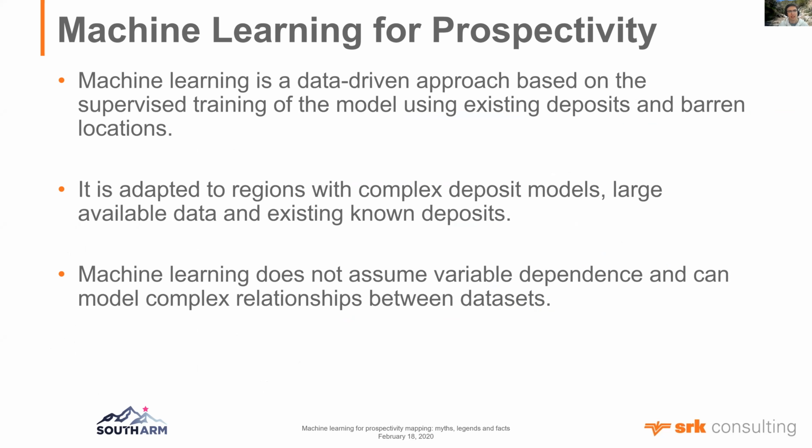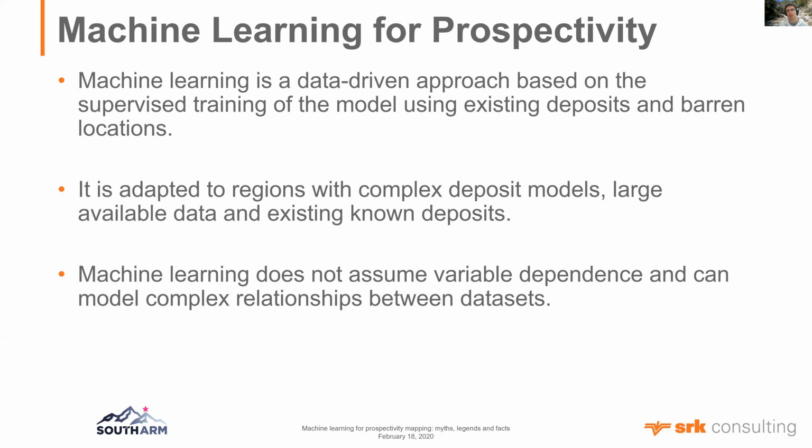So it's specifically adapted to regions or areas with complex deposit models, and when the data available is fairly large, and especially you need to have existing deposits and non-deposits. Without that, you can't train your model. Machine learning does not assume variable dependence, so it can learn very complex models with the different relationships between different input data sets.